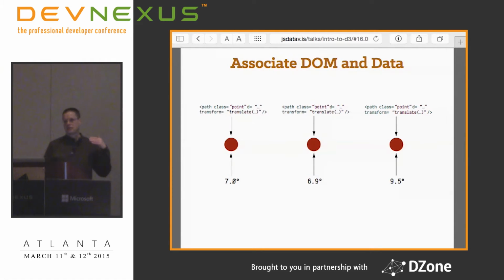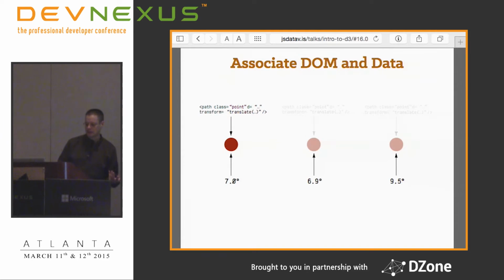Well, if we had 3 path elements already in the DOM and we had 3 data values, then it would make perfect sense that D3 would marry 1 DOM element to 1 data value. Well, what happens if we only have 1 DOM element in there? Well, D3 will still keep track of the fact that there are 3 data values in there. It's just that the second 2 don't yet have any DOM element associated with them. Same thing works if there's 0.